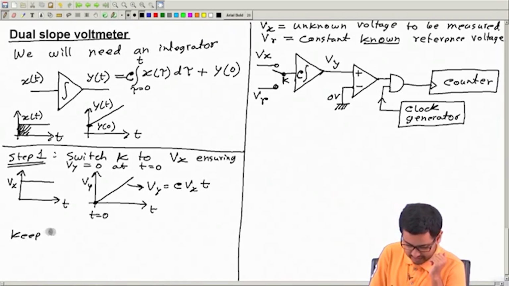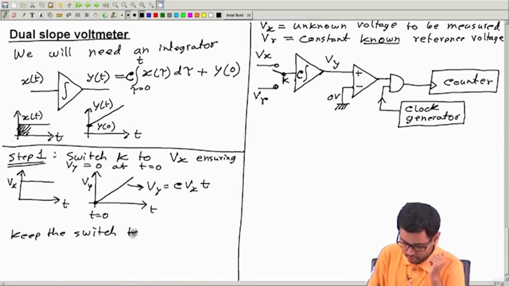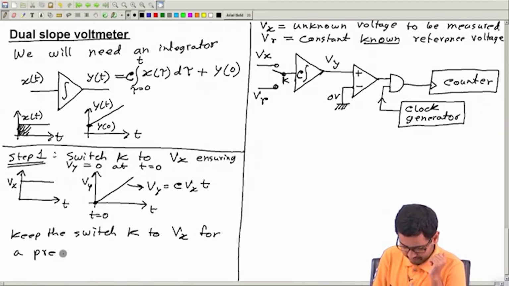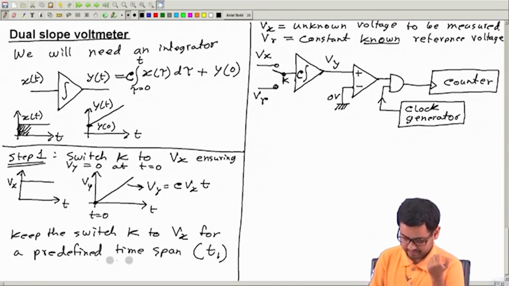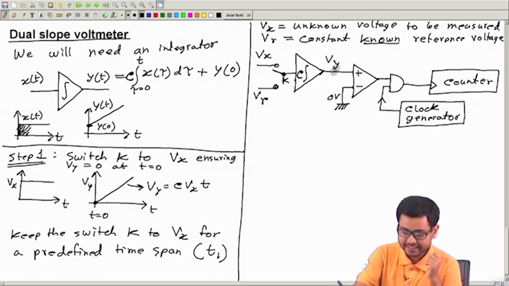Now keep the switch K to Vx for a predefined time span. Call it T1. Let this output increase only for time T1.